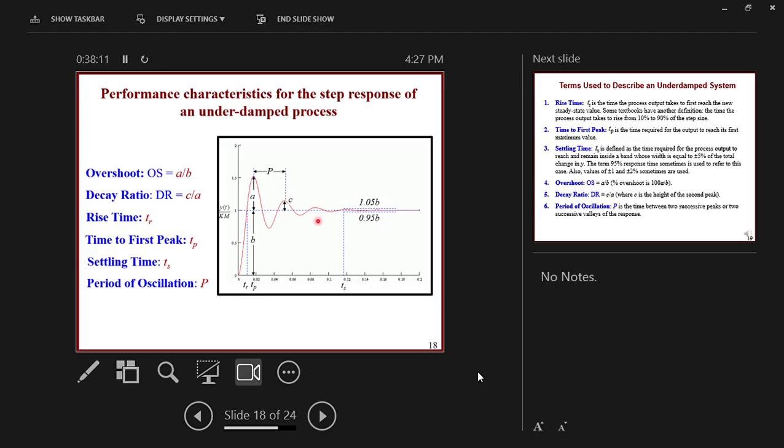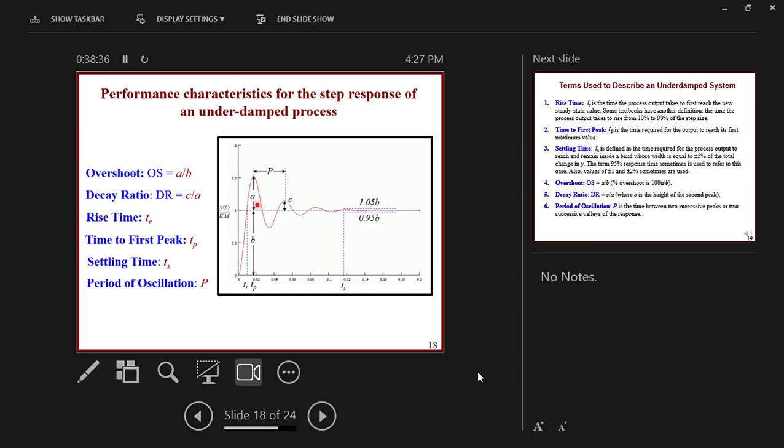And you can see that the response becomes almost at steady state after some time. We will call this time Ts. Now we will define some characteristics. We will call the overshoot as the ratio of A to B. So if you want to know how much is the overshoot, you just measure A and B and calculate the value.